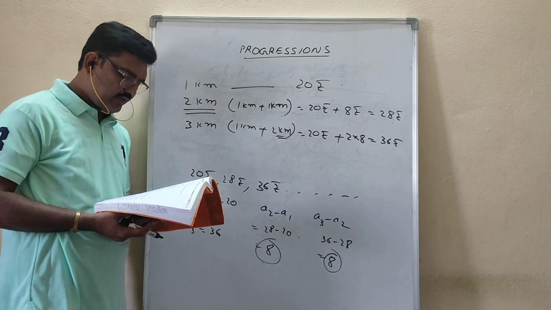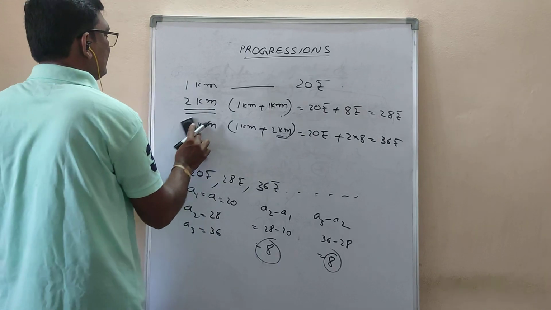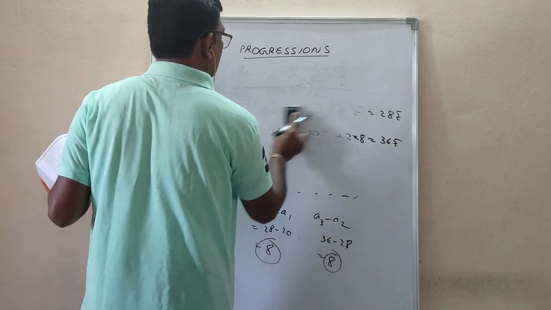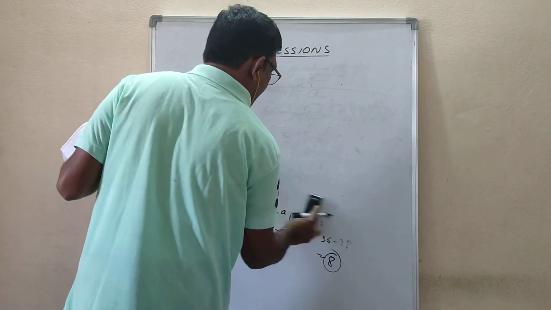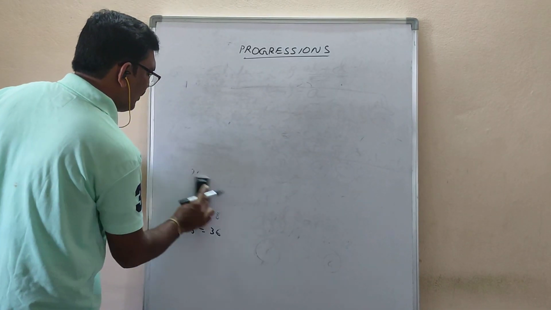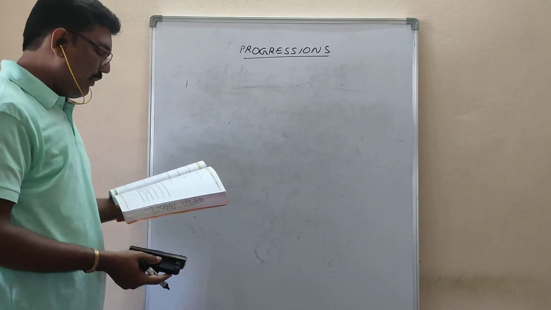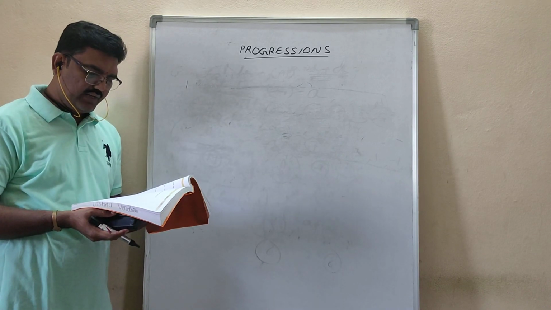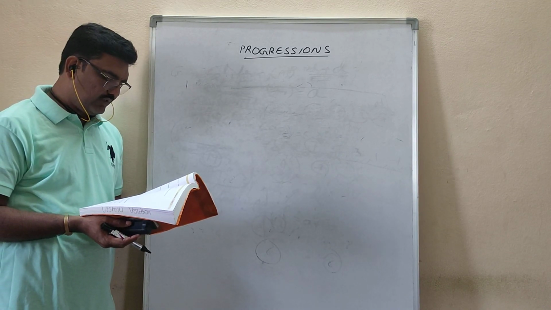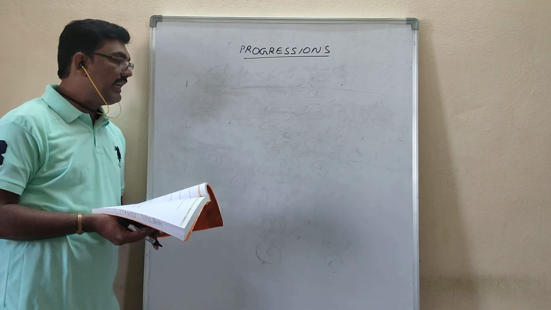Next, the second question. If you see what he is saying, we will come to know about it. The amount of air present in a cylinder when a vacuum pump removes 1/4 of the air remaining in the cylinder at a time.